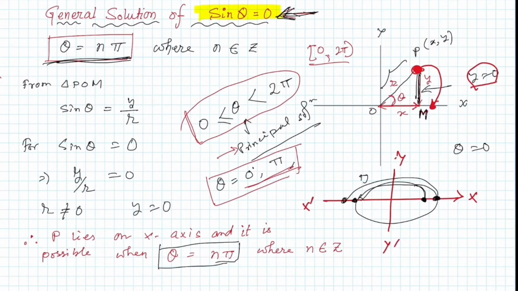Okay, so now let me show you how to find the general solution of cos theta is equal to 0.